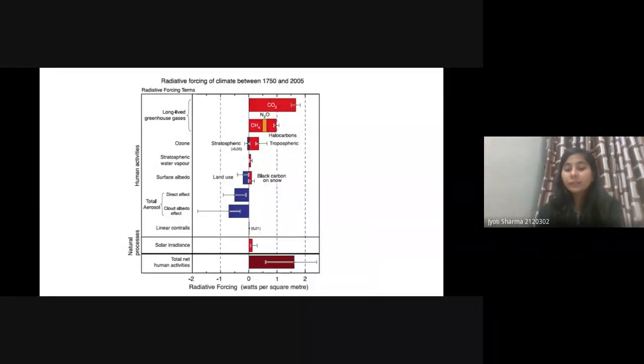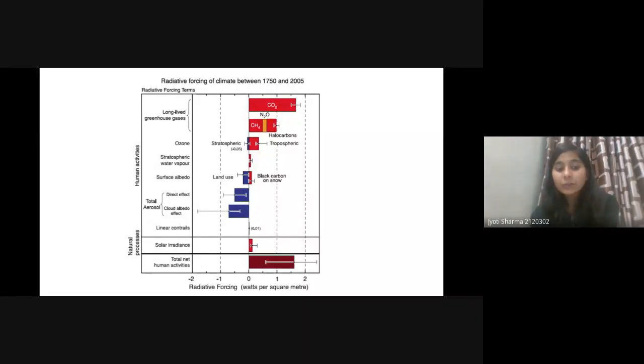But some of the aerosol, because of the scattering of the radiation, can also give you the negative radiative forcing, and that will give you the cooling effect. Then we can see for the aerosol, the direct and the indirect, this is giving you the negative, meaning cooling effect. Then the linear contrails, I don't know about this. Solar irradiance, how much radiation you are getting from the sun, will also give you the positive radiative forcing.